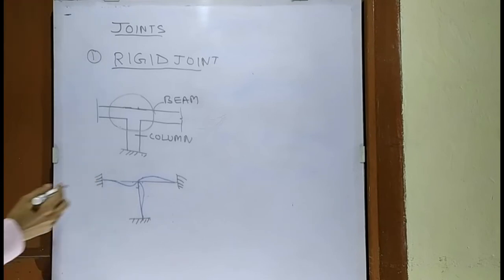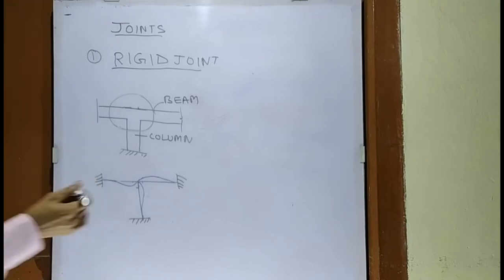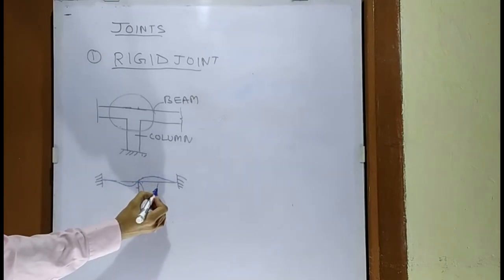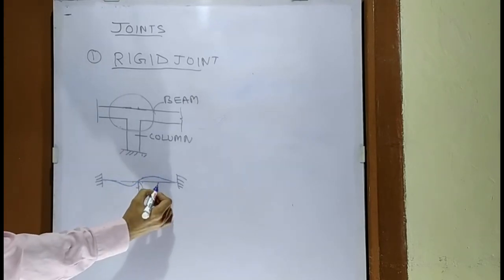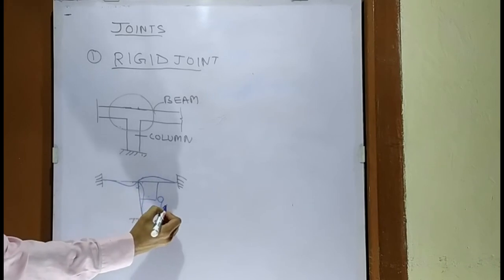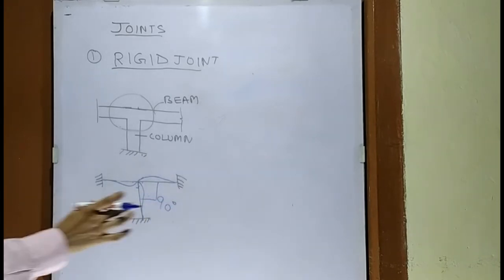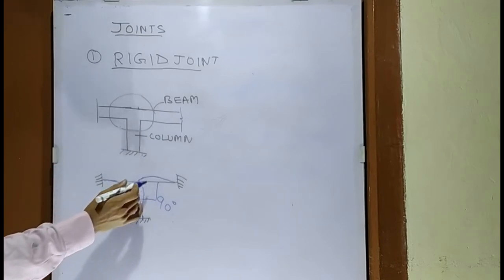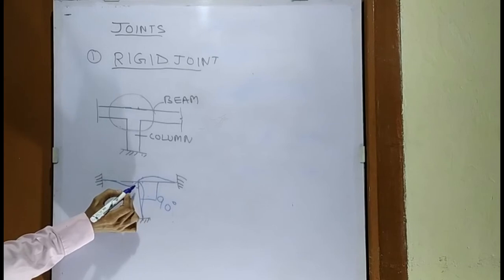Here we can see the angle between the beam and the column before the deflection. Let us draw an aggregate view; this angle was 90 degrees. Now what is the rule to find the slope? The rule is to just draw the tangent.